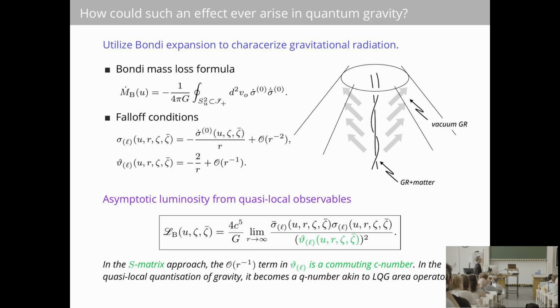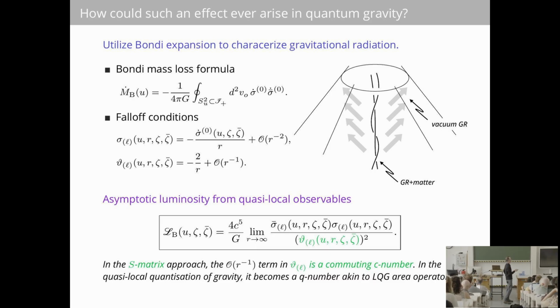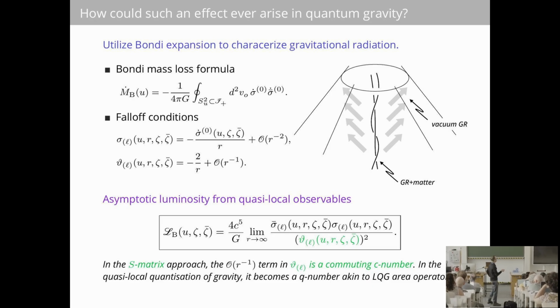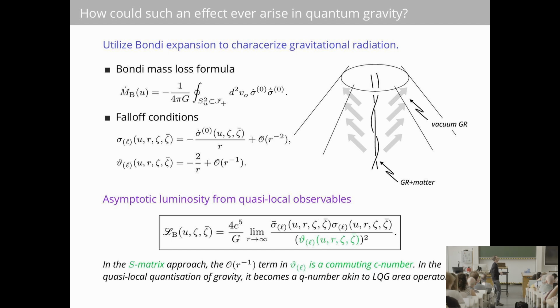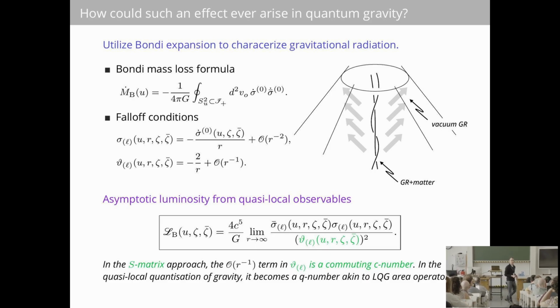And so now let's say we are not at asymptotic infinity, but at a finite boundary. Then if you take these fall-off conditions, you can write the emitted power as a quotient of the shear divided by the expansion. The expansion tells you how the two-dimensional area of these cuts of the light cone changes in time.